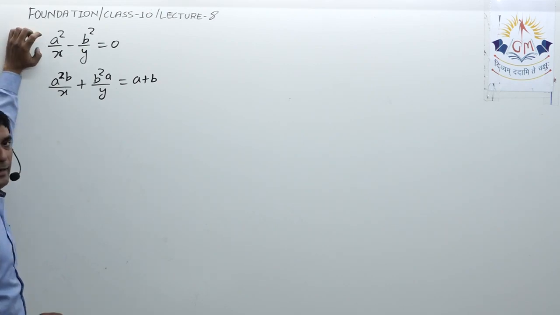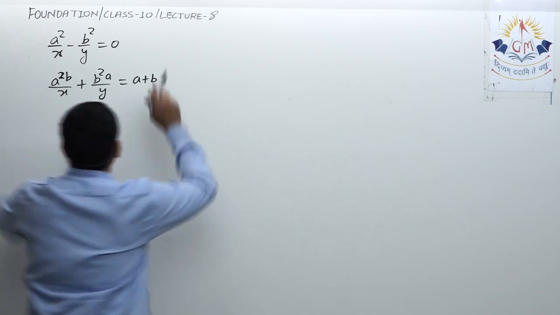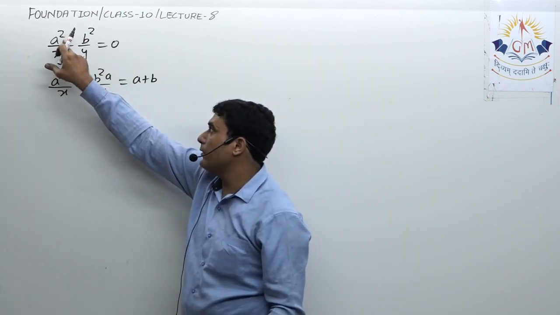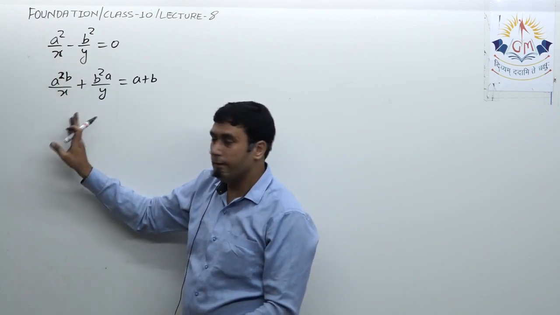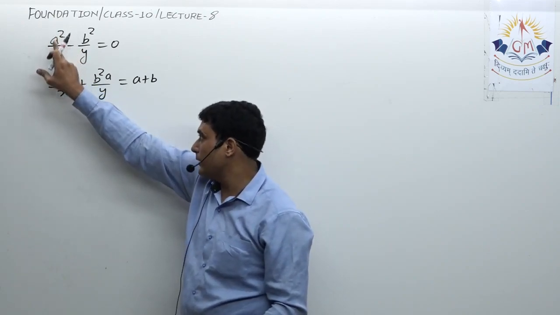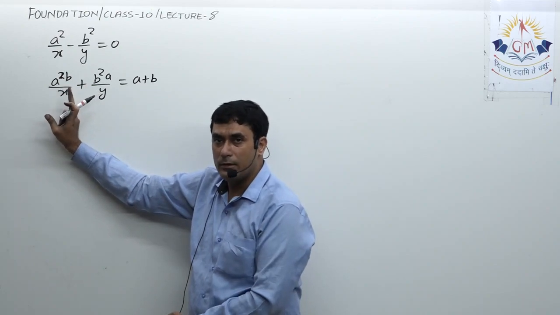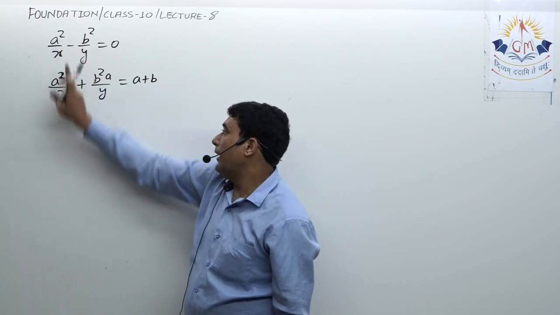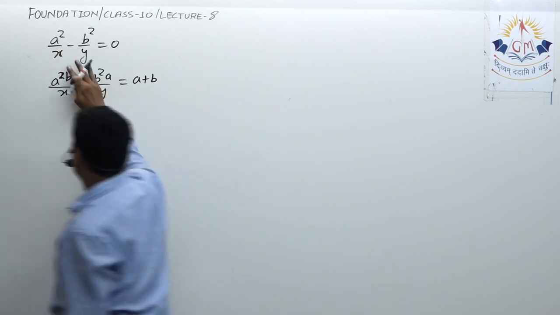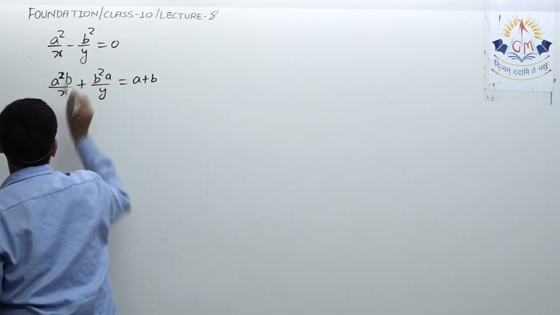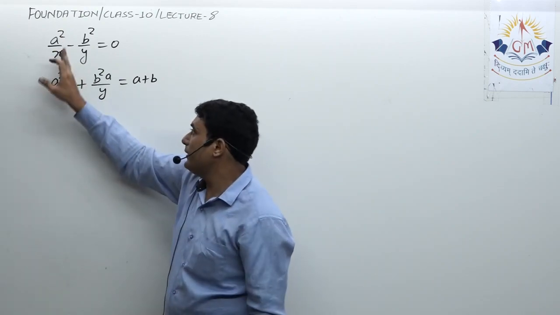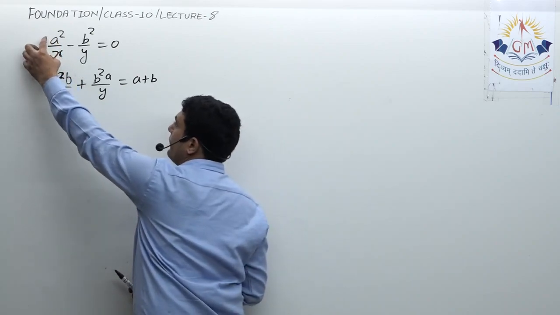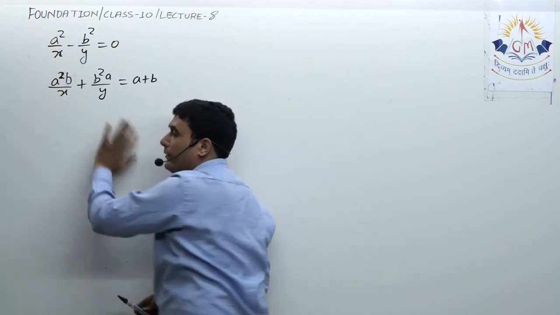So if I multiply only the equation 1 by b, this will become a square b upon x, and in that case this first term and this first term will be the same. After making the coefficients or the terms the same, either we subtract or we add. So here, as these two terms will be the same with the same sign, we have to subtract.